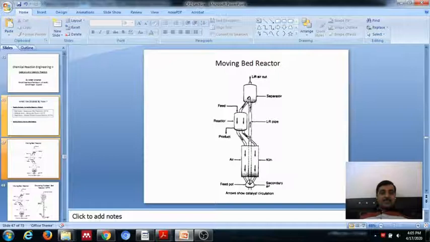Again this catalyst will move down in a packed bed into the reactor. And this is how the reactor, regenerator, and separator combination works. So this is the moving bed reactor.